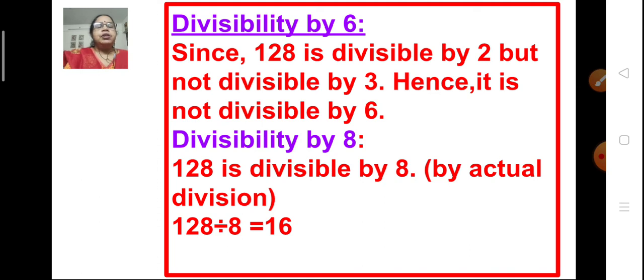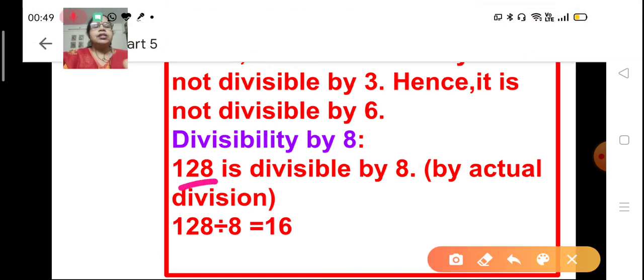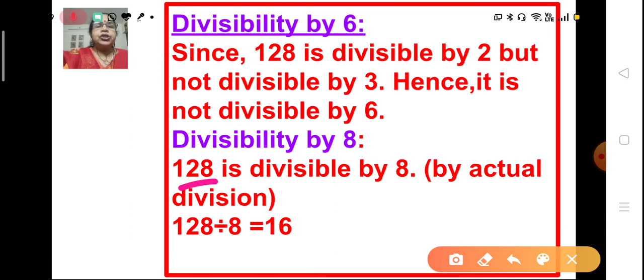So it is not divisible by 6 also. And divisibility by 8. What is the rule? How do we test a divisibility by 8? It is applicable to the numbers which are formed of 4 digits or more number of digits. But here this number 128 is formed of 3 digits, isn't it? So we have to check its divisibility by 8 by actual division. Alright. So let's see this 128, whether it is divisible by 8.